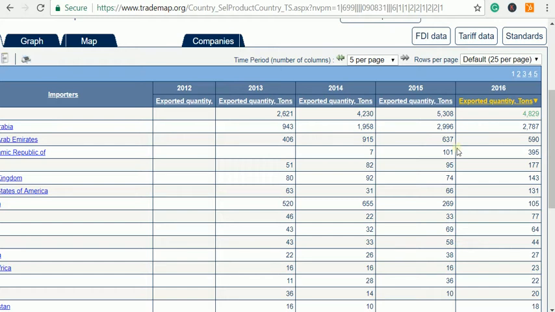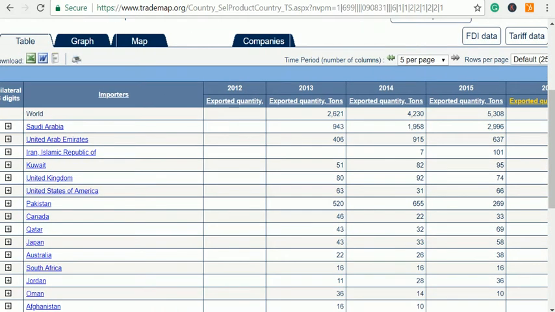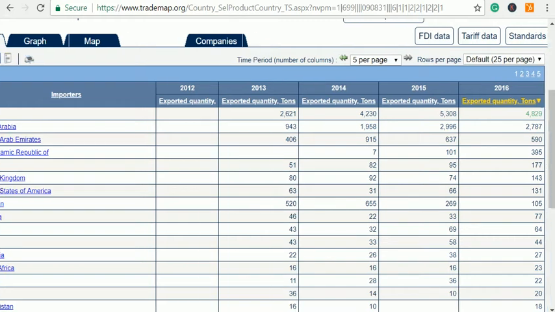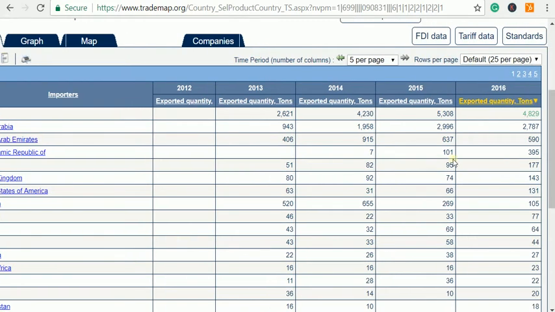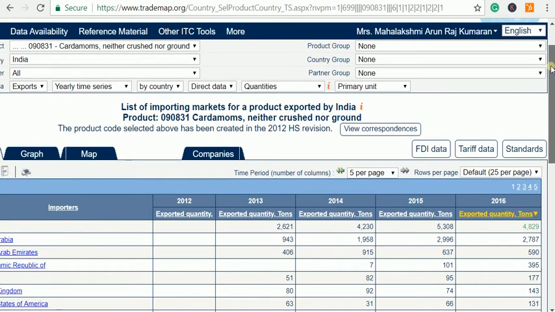Okay, we can see that in 2016 cardamom has been exported in a good quantity only to Iran. Also, it is a very good growth from 2015 to 2016.